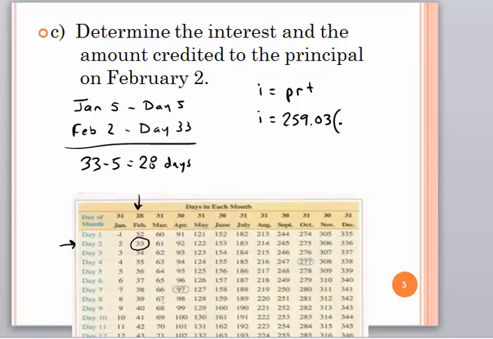The interest rate stays the same, and remember again, we're putting it in as a decimal. And the time needs to be in terms of a year, and so we've got 28 days over 360 days. And we're going to calculate this interest, plugging this into our calculator and doing the multiplication. We get $2.52.